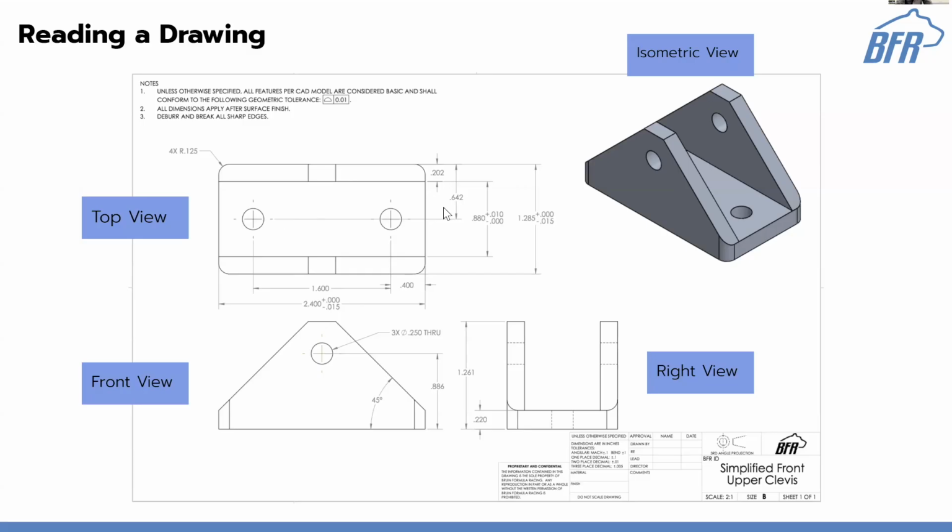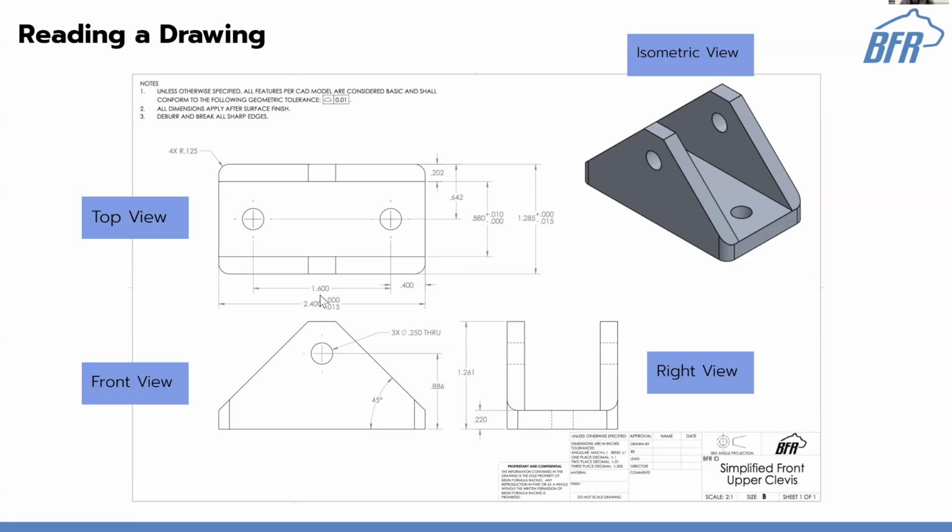So you'll see all these views, and these are dimensions, right? They indicate a distance, location, or size, and they have leader lines that point to what they're referring to. If you look at this 2.4 inch dimension, its leader lines go to the edges of the part, so this is just referring to the overall length of the block.